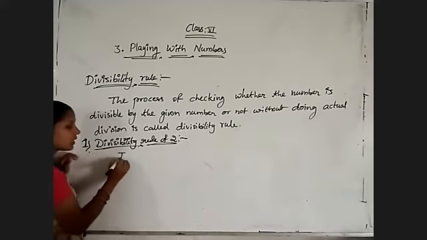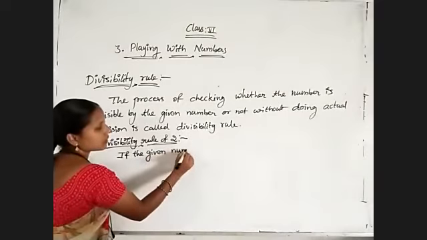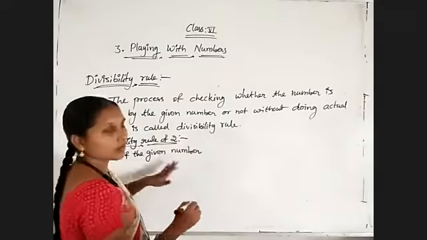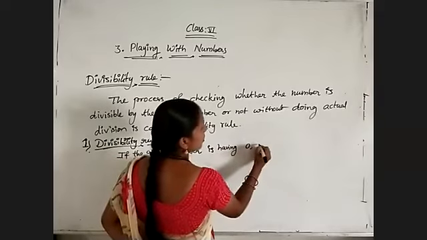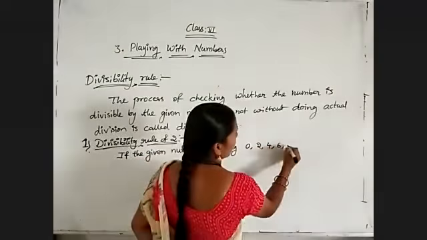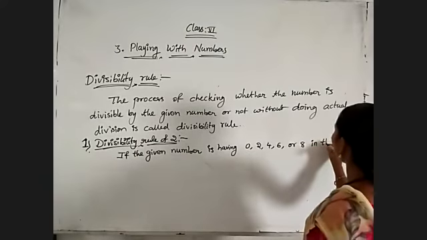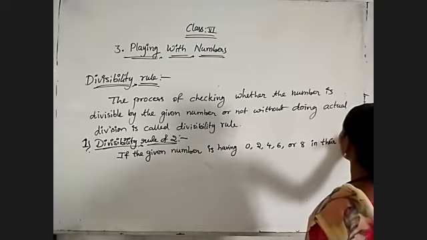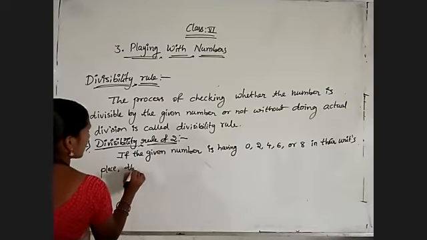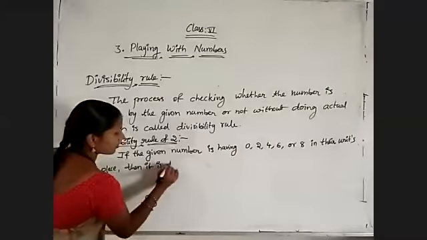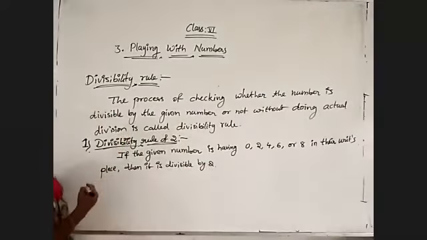That means if the given number has 0, 2, 4, 6 or 8 in its units place, then it is divisible by 2.